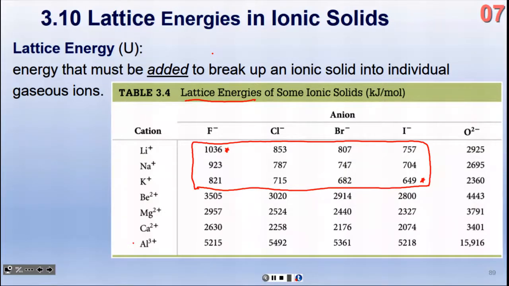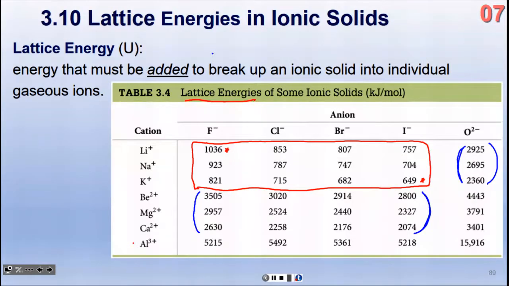Then, beyond that, there are some other values that are quite a bit larger, and those follow below, from beryllium, magnesium, and calcium combined with any of those halogen anions. Those are 2,000 to 3,000 in general. But so are the values up here for oxide ions with the group 1 elements. Those are all in the 2,000 to 3,000 range.